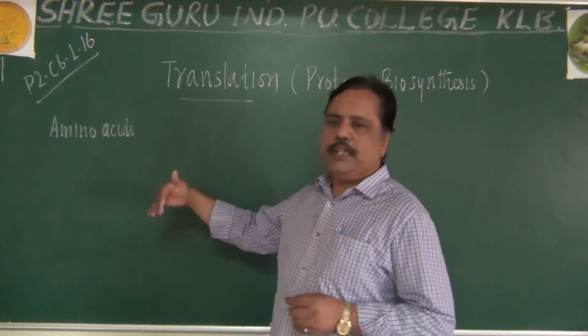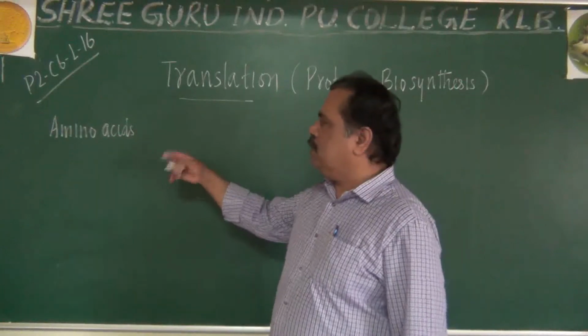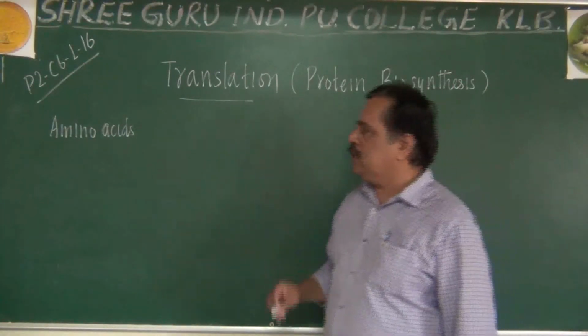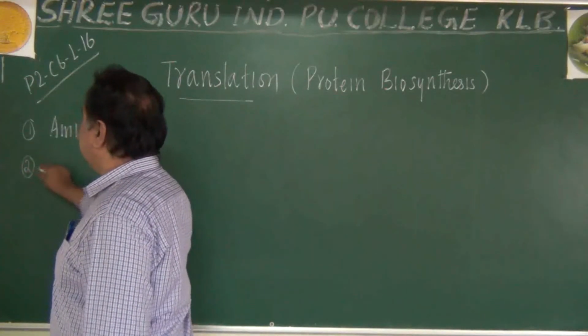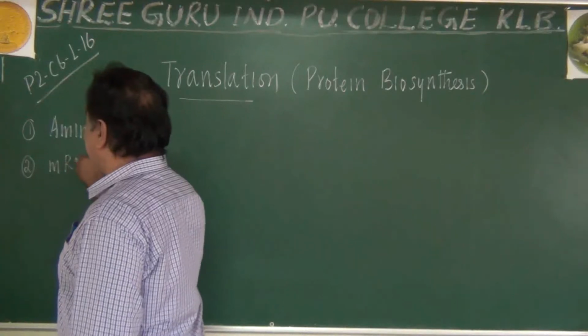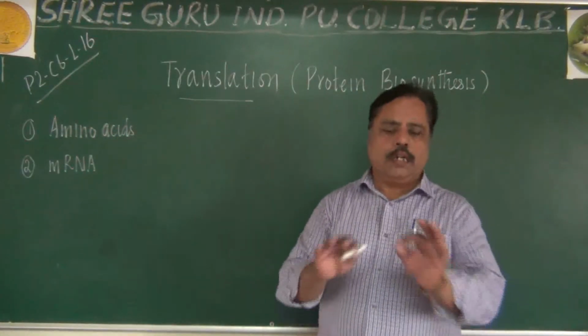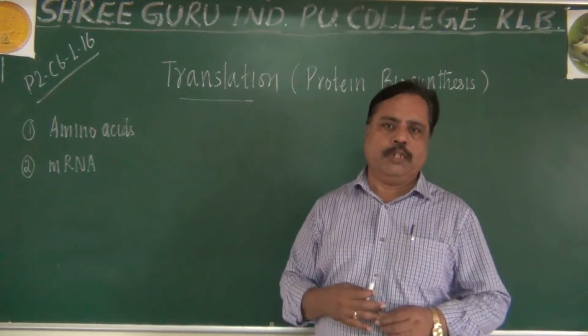They can be arranged in different permutation combinations, and by that method we can get a protein molecule. In addition to amino acids, we require mRNA also as a template. mRNA will give the blueprint for amino acid arrangement.